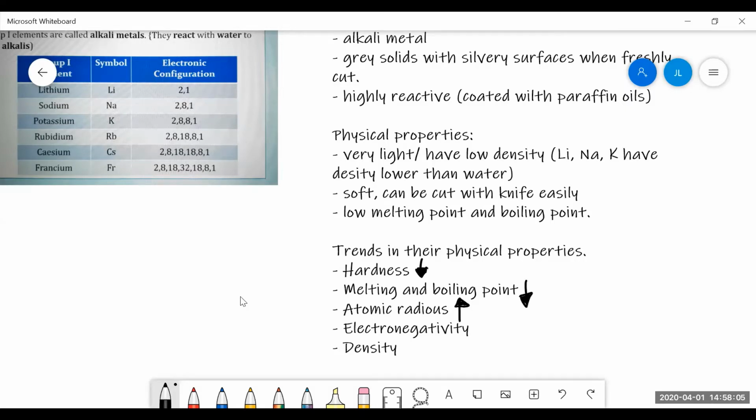Okay. So as we move down the group, what happened to electronegativity? Decreases. Yes, decreases.